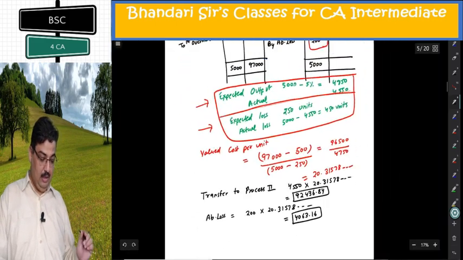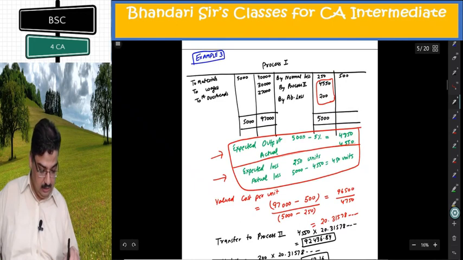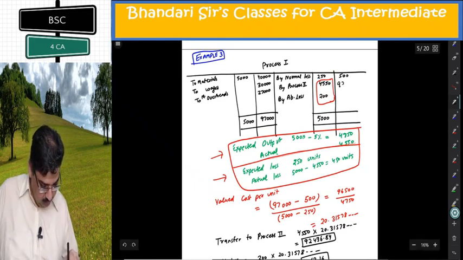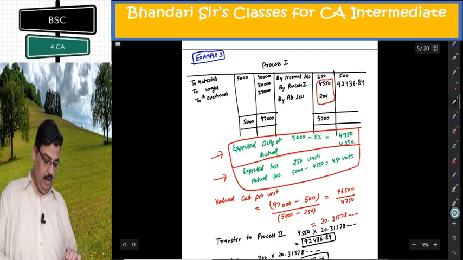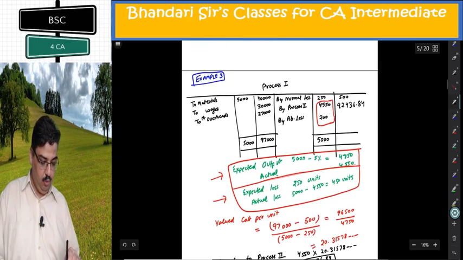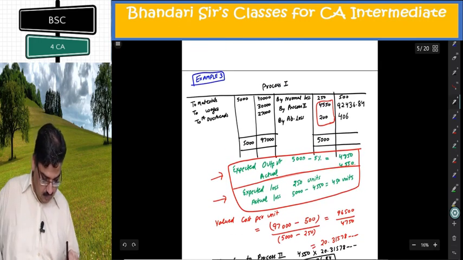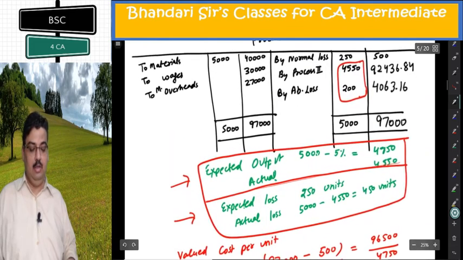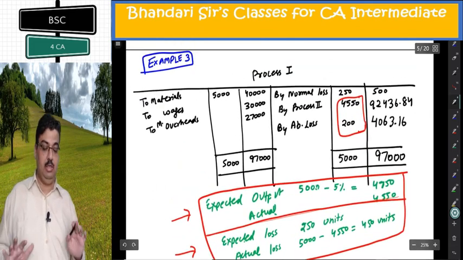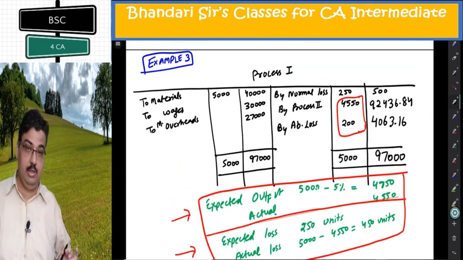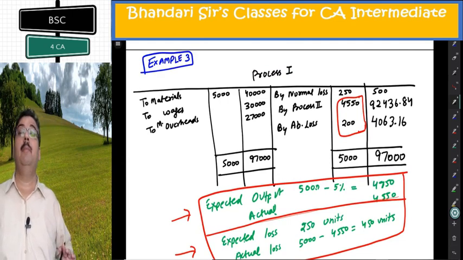So what I get, I should put in the process account and it must tally on its own. 92,436.84 and 4063.16. It must reach 97,000. This is a complete tallied process account. It must tally on its own always. This was complete example number 3.